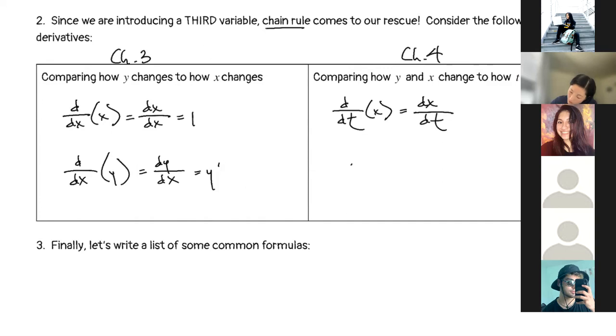And I can write a similar statement for y. This is dy/dt. Okay. Neither of these equal 1. So it's really important to keep that in mind. If you're taking a derivative with the x, there better be some derivative to show that rate of change.